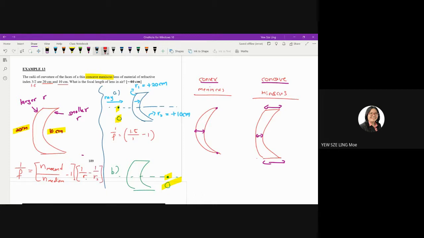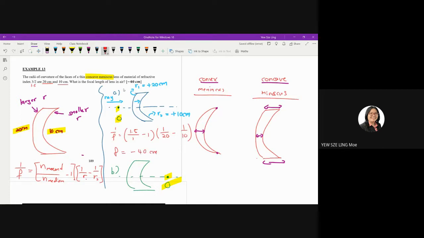With N material of 1.5 over 1, I'm writing the equation right here. My R1 is 1 over 20 minus 1 over 10. If you got it right, your F should be equal to negative 40 cm.